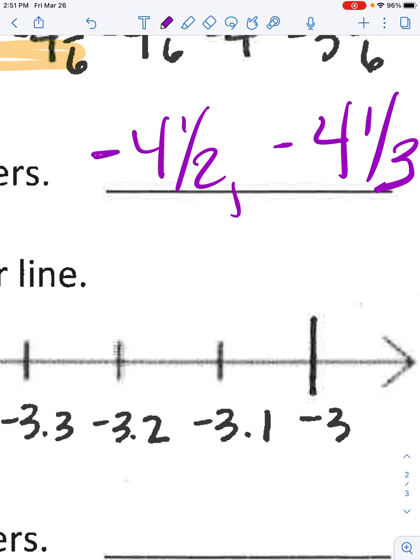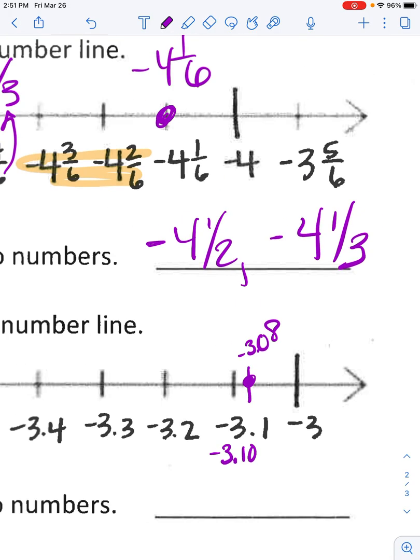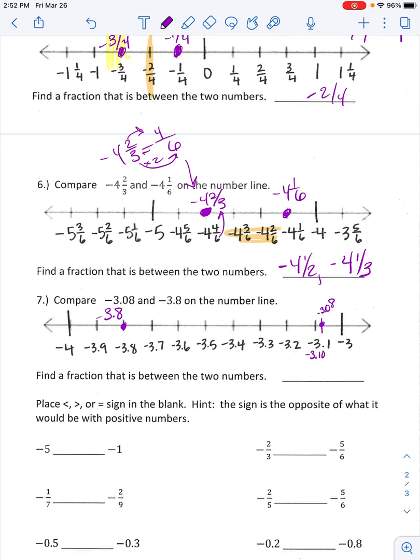So here's negative 3, here's negative 3.1, which you could say is the same as 3.10. So negative 3.08 is going to be over here. Okay. So find a decimal that is between the two. Just choose one. I'm going to go kind of right in the middle, negative 3.5.